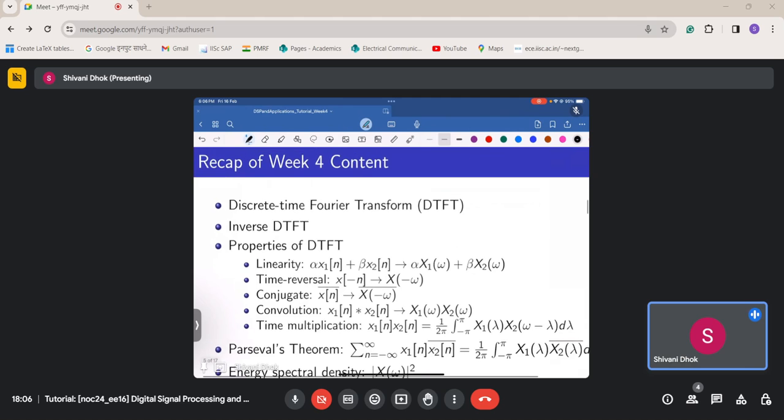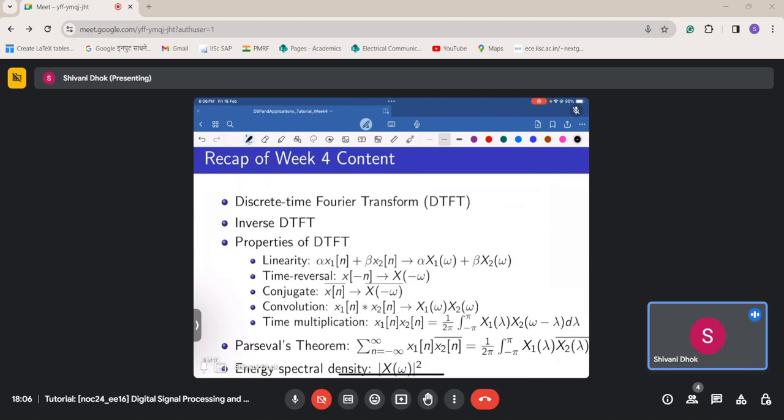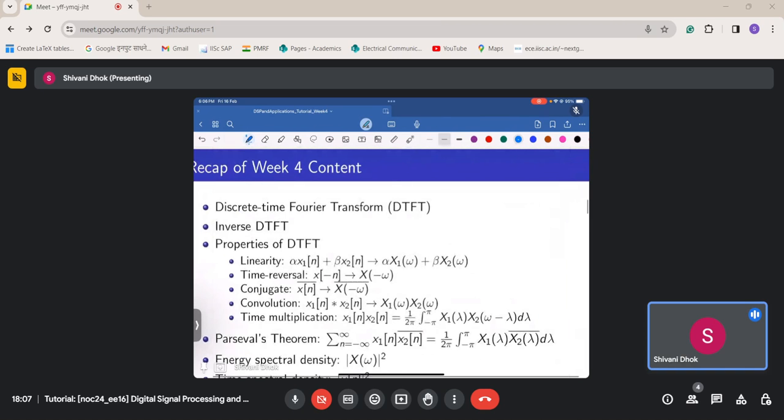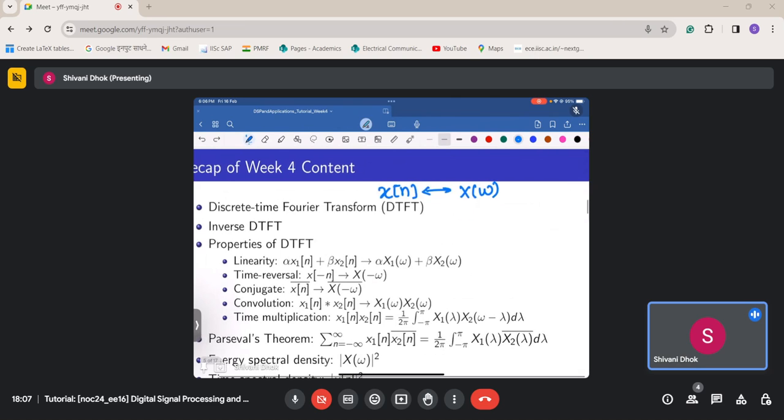This week 4 was totally based on the discrete-time Fourier transform and its properties. Just to recap quickly, the discrete-time Fourier transform for a signal x of n is X of omega, which is simply the summation, n running from minus infinity to infinity, of x of n into e power minus j omega n.